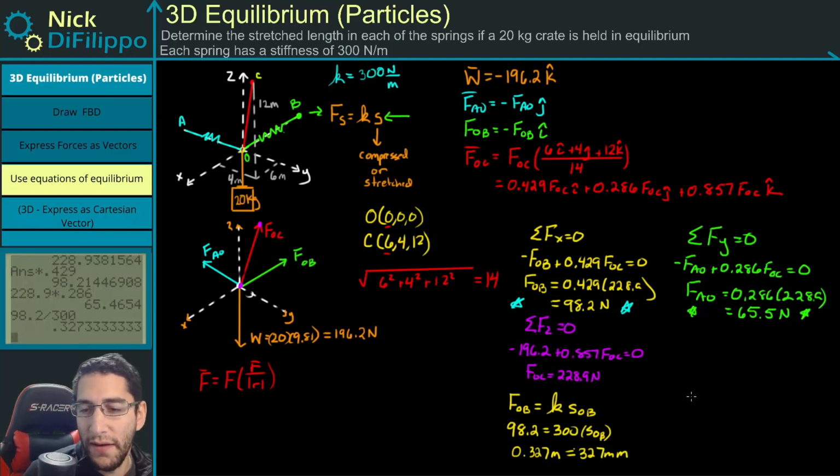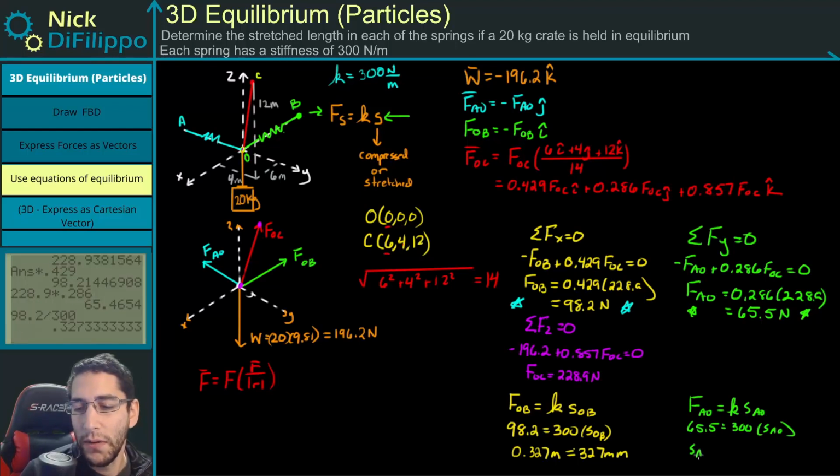And we do the same thing with our other force. So here we have F_AO is equal to k times s_AO. This is 65.5, which is equal to 300 times s_AO. And s_AO is equal to 65.5 divided by 300.